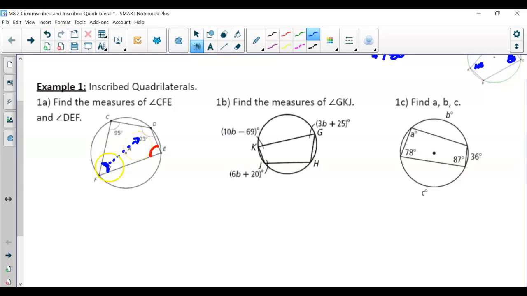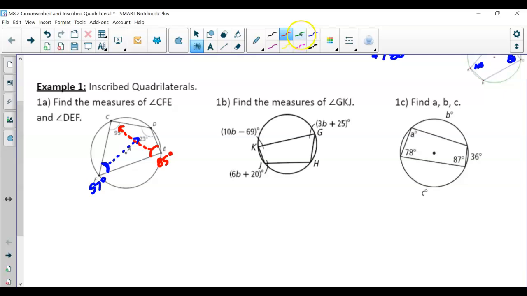That's why this angle here is 57 degrees. And then angle E is opposite from angle C. So these two angles are supplementary and add up to 180, which is why angle E is 85 degrees. Then of course, if you add up all four angles, they must add up to 360 because it's a quadrilateral.